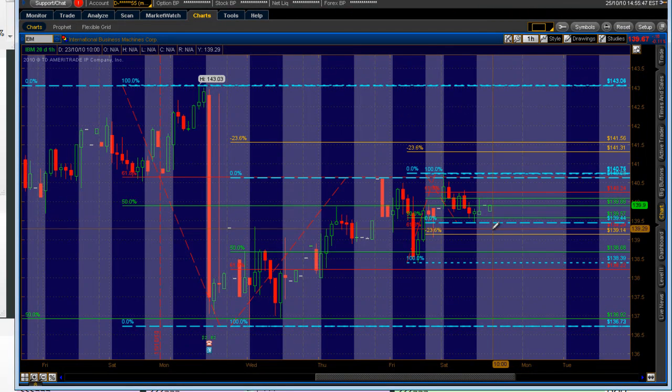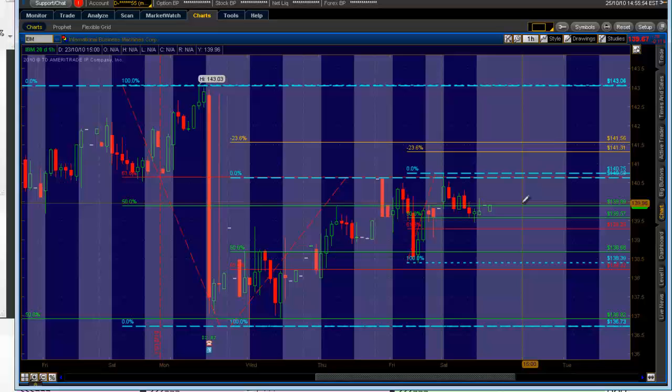Now, if we use this as a 618, as our stop, it's inside the expected move for one day. It's really not giving it enough latitude. The possibility of being stopped out is quite high.